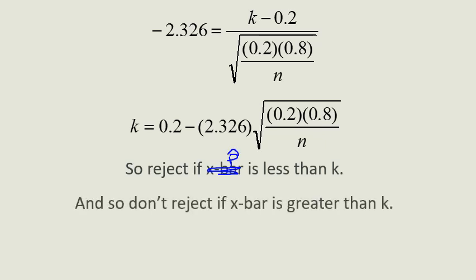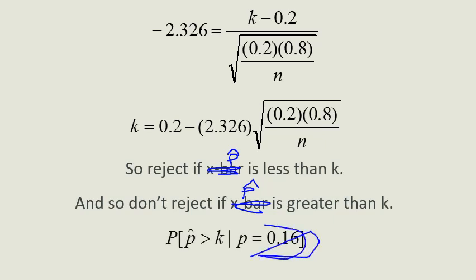And we would not reject if p hat is greater than k. And we're going to do this under the assumption that p is equal to 0.16, since that was the number given in the what if statement in the question.